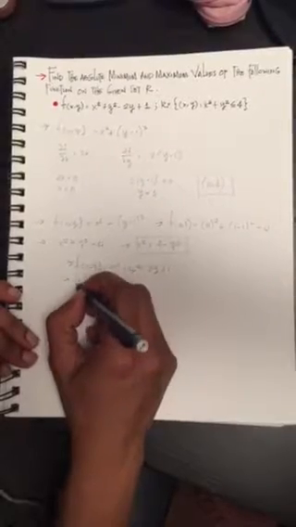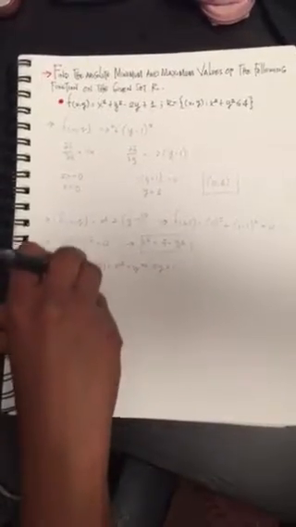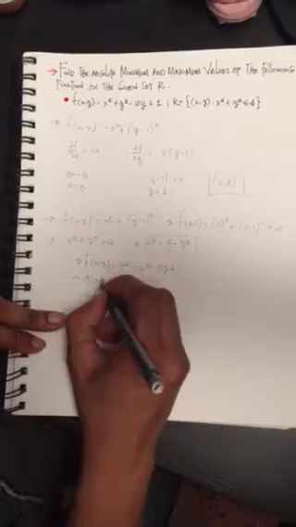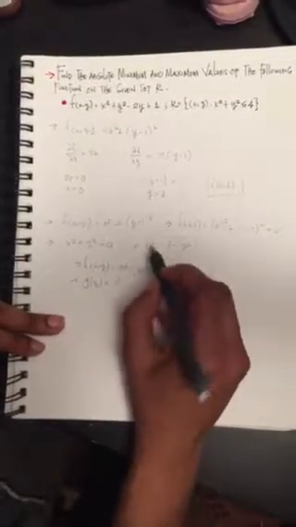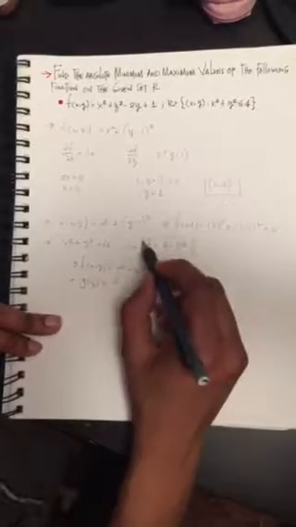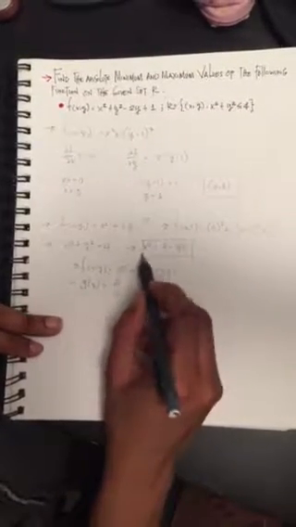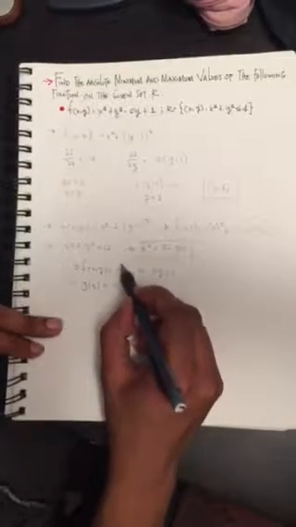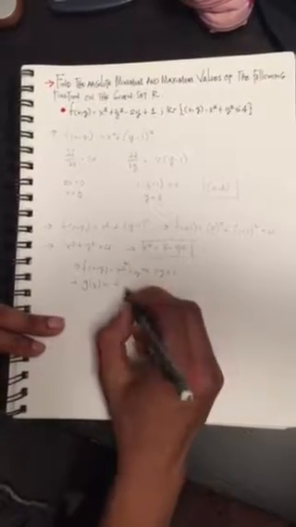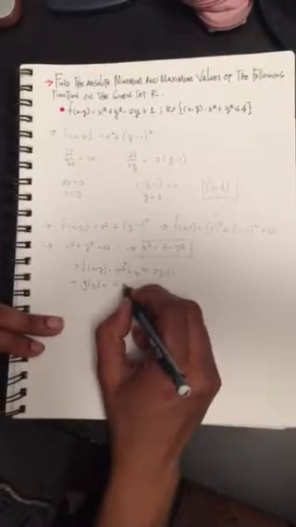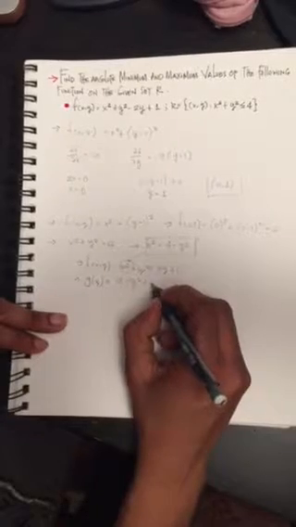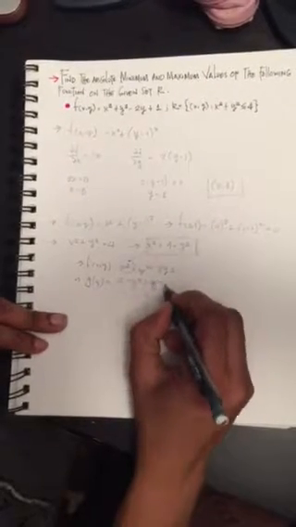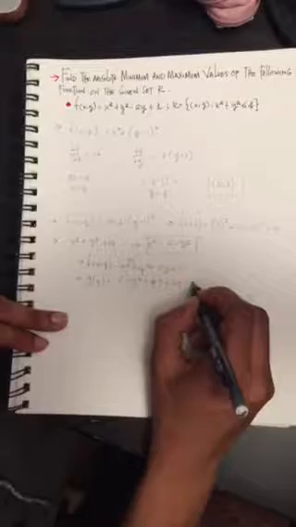I'm going to call the function of y g. Sorry, I made a little mistake, but it's okay. Because I want to put this value that I found for x squared inside the original equation right here, I'm just going to substitute this value here, plus y squared plus 2y plus 1.